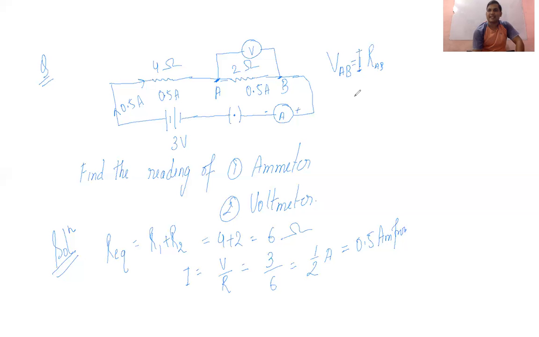The current here is 0.5 ampere and the resistance is 2 ohm. Once you multiply, it becomes 1 volt. So the voltmeter will give the reading of 1 volt.